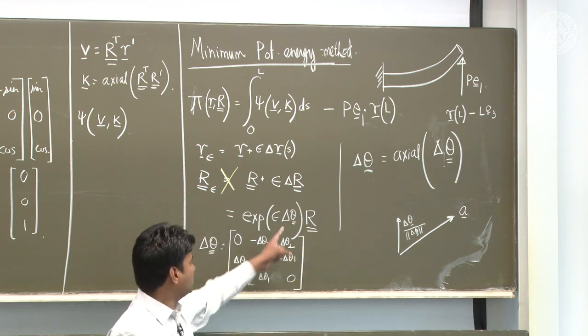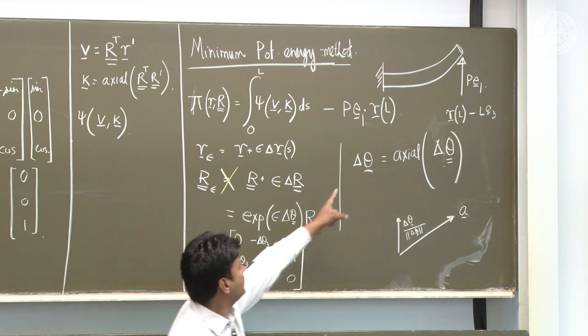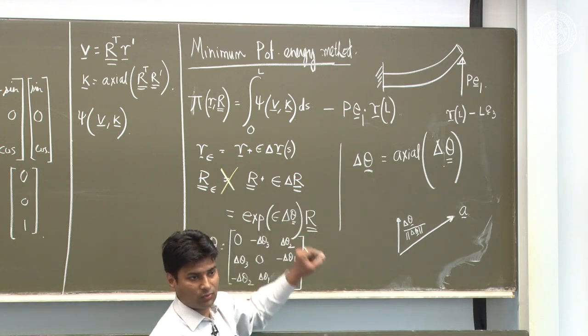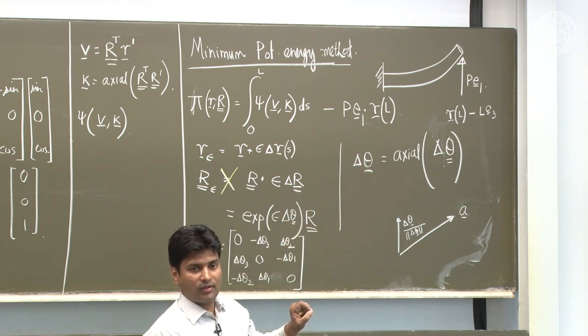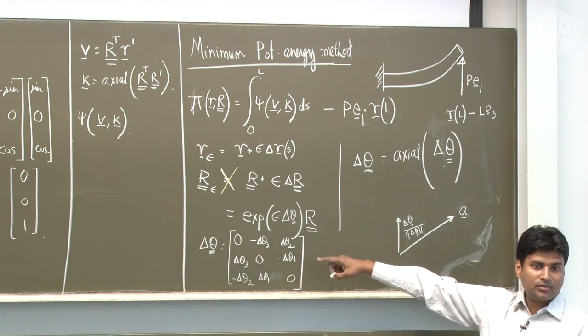So that's your delta theta with the hat. It's a skew symmetric matrix whose axial vector is this little delta theta, which is delta theta 1, delta theta 2, delta theta 3. Okay. And how do you get the exponential of a matrix?